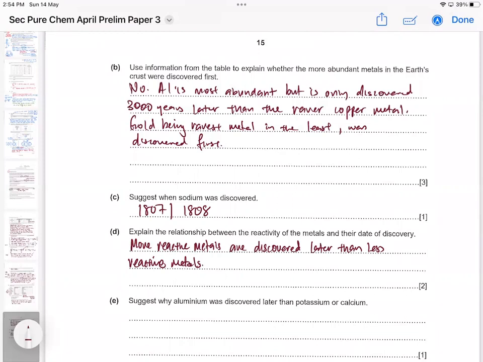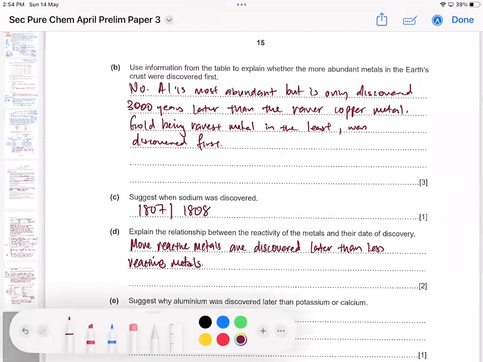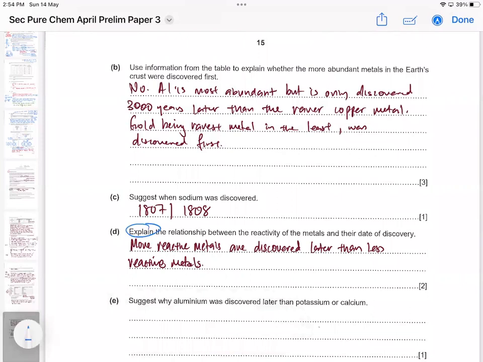So I need to explain. This is the trend that we observe. So for the explain portion, I'll talk about the technology thing.